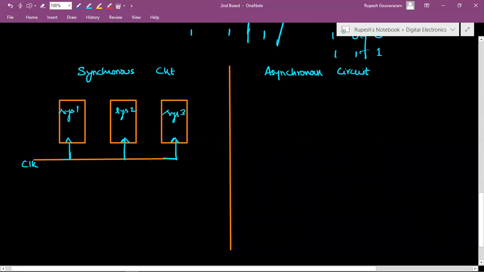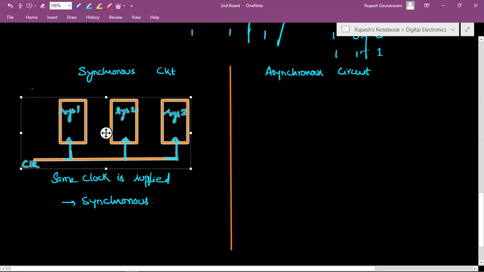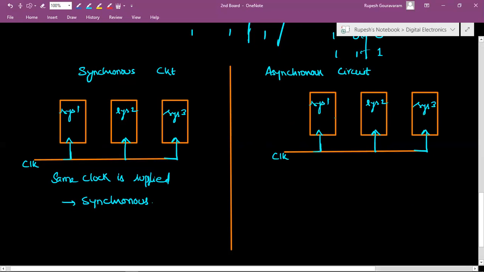The same clock is supplied to all the systems. If the same clock is supplied, then it is known as a synchronous circuit. If you take the same circuit and we do not supply the same clock, we supply one clock here, clock 1, and these two circuits are supplied with a different clock, let us say clock 2.